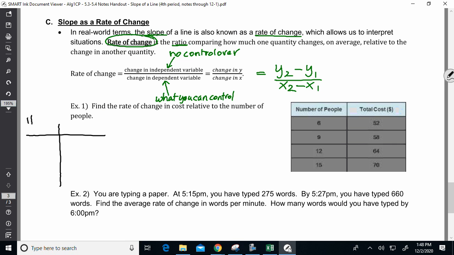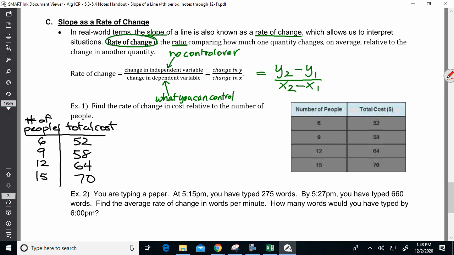So we have the number of people: 6, 9, 12, and 15. And then you have total cost: 52, 58, 64, and 70.